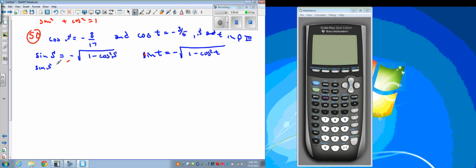So the sine is a negative square root of 1 minus, and then put that minus 8/17 squared.